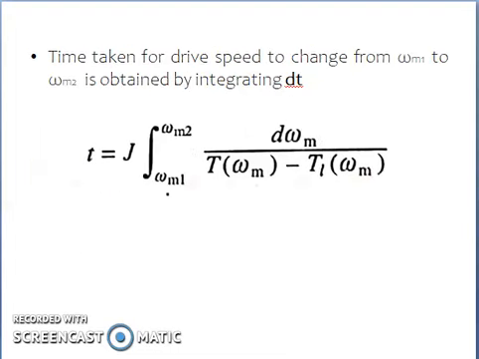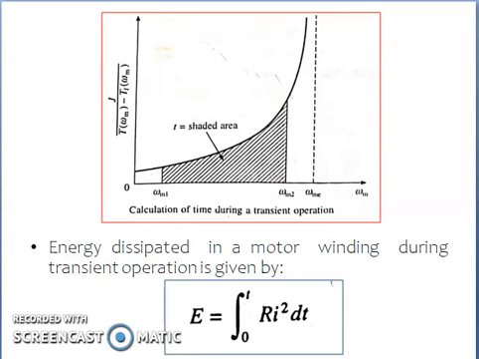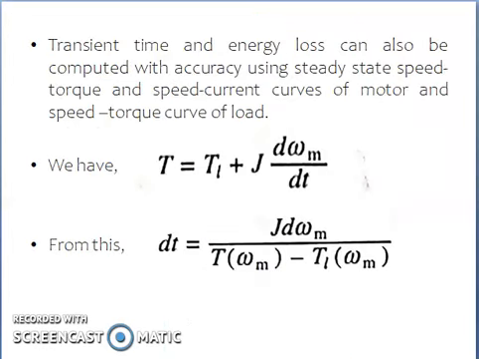Now the time taken for the speed to change from omega m1 to omega m2 can be obtained by integrating the above equation, that is t is equal to J times the integration from omega m1 to omega m2 of d omega m divided by T(omega m) minus TL(omega m).